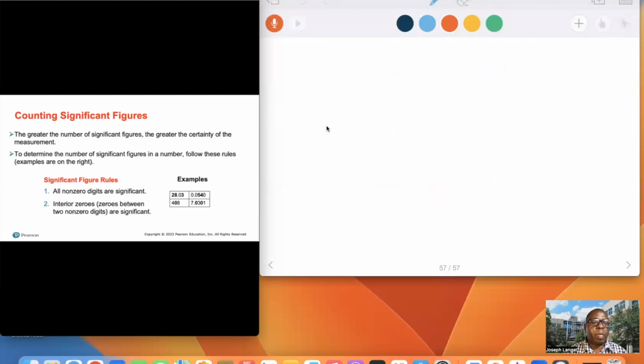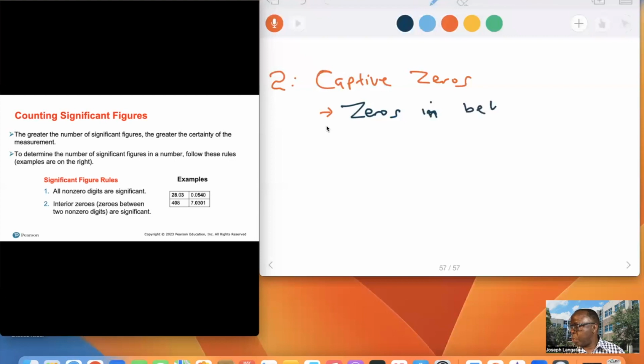Interior zeros, sometimes we call these captive zeros. Interior zeros between non-zero digits are significant. So rule 2 here, I'll call these captive zeros. These are zeros in between non-zero digits.